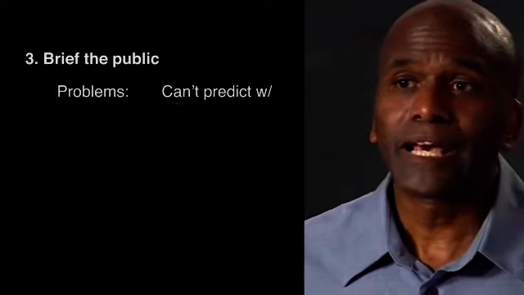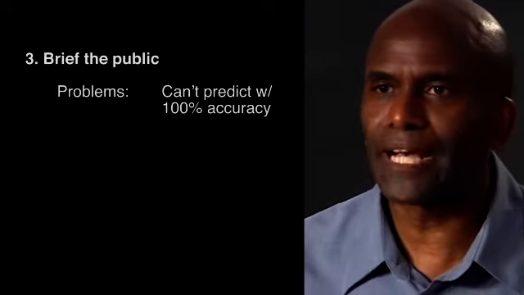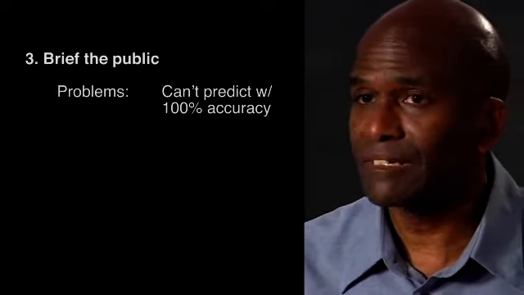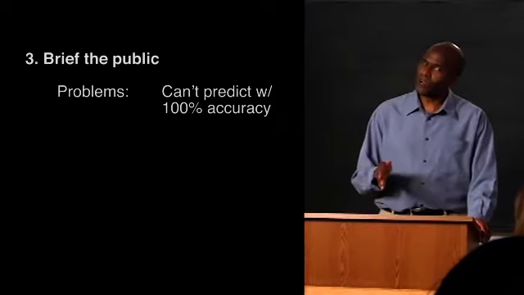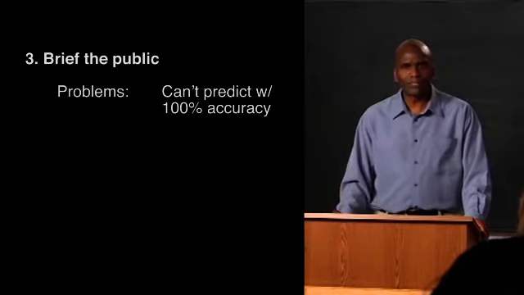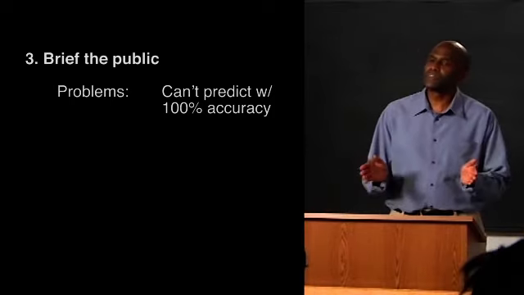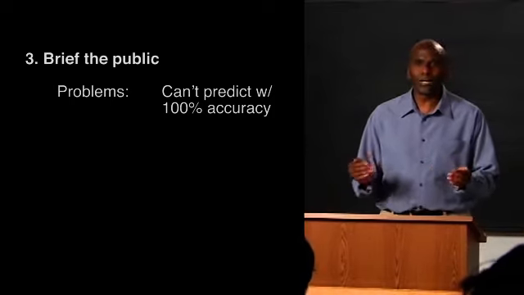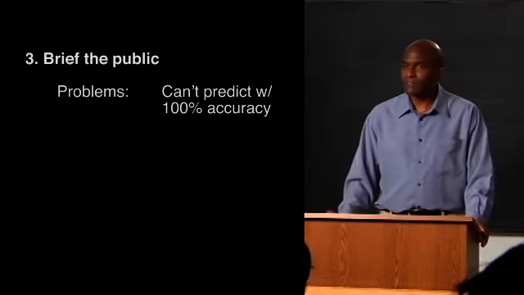Third, government officials need to work out a process for briefing the public on what scientists tell them. The problem is, experts can't predict natural hazards with 100% accuracy. For example, they may know a hurricane is forming, but can't say exactly when or where it will go. Despite this, public officials still have to decide what to tell the public and when.